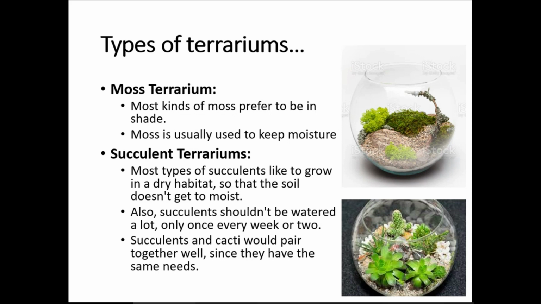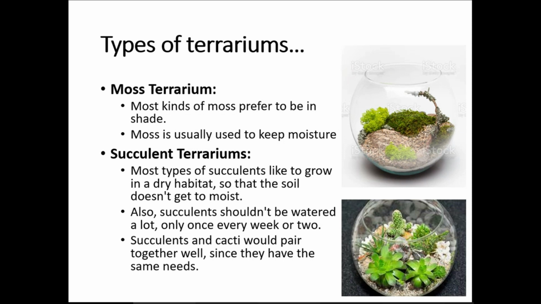And again the succulent terrarium is more or less like the cactus one we have seen. Here you can use only succulents, or you can mix them with cactus, and develop a succulent terrarium. So these are the four types. Just remember these, but still many other types are there. If you learn this much, it is more or less enough.